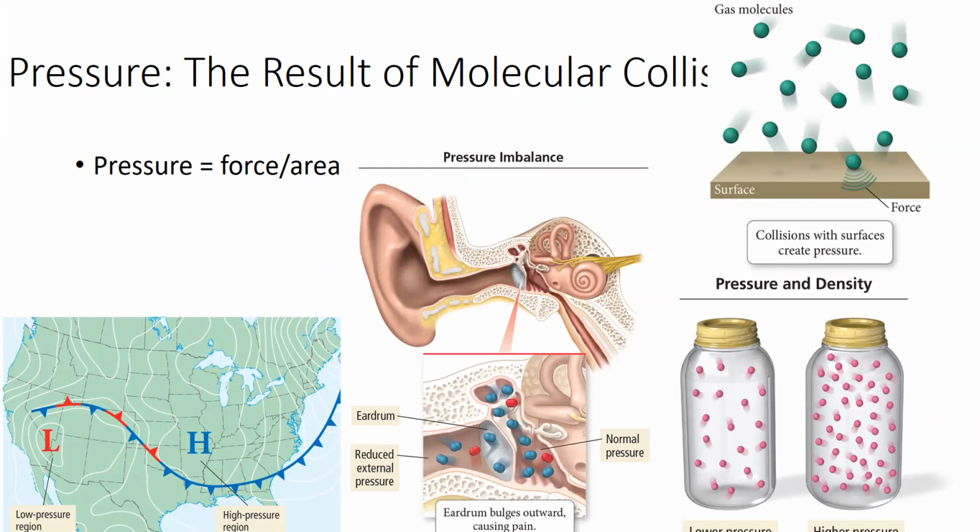So pressure equals force divided by area. The bigger the pressure you are feeling, the stronger the force hitting you. On the top right of our image, we have an example of gas hitting a wall. When you hit that wall, you get a force, and that is causing pressure.